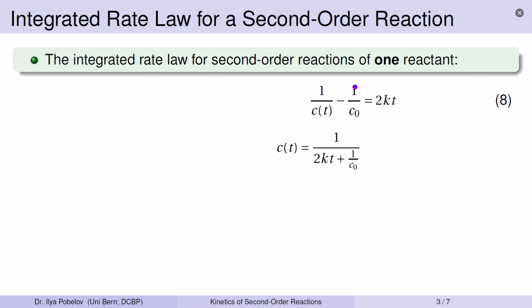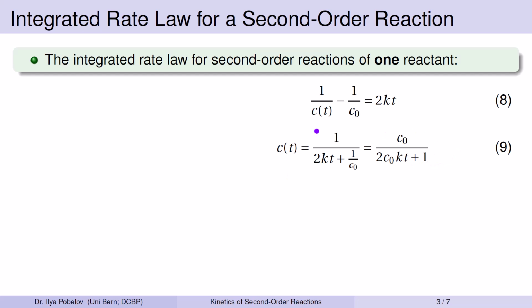From this, we can rearrange the terms to express the concentration at any time t as 1 over 2kt plus 1 over C0, or C0 over 2C0kt plus 1.